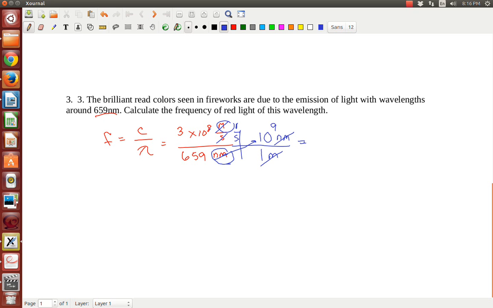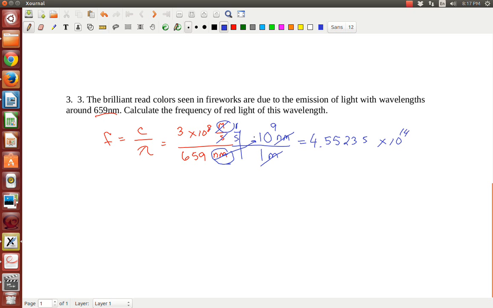3 second function EE 8 enter, divided by 659 times 10 up caret 9 enter. And the answer is 4.55235 times 10 to the 14th.